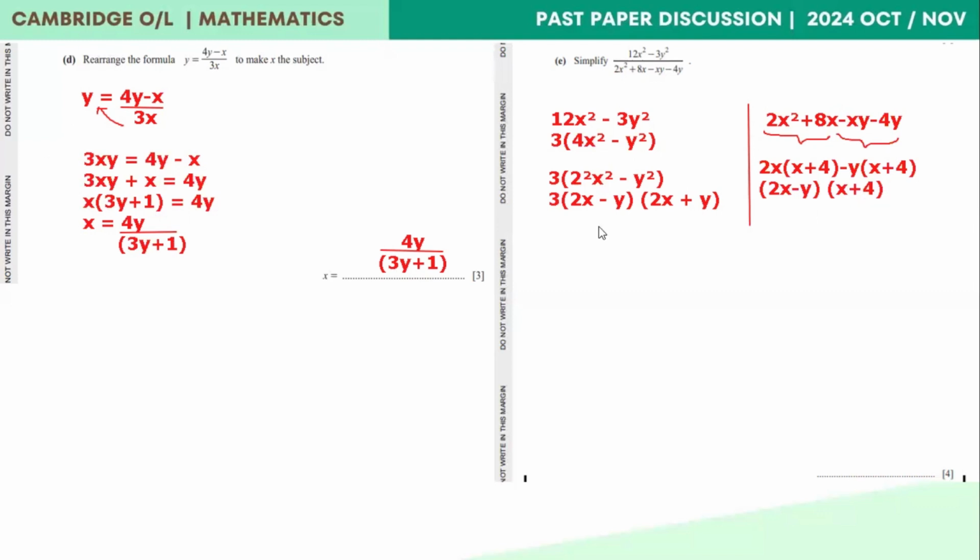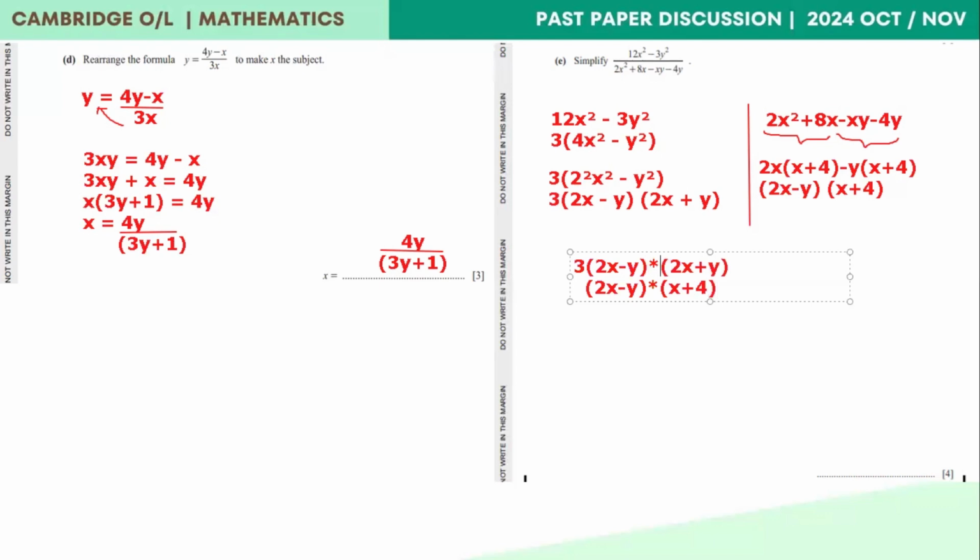So these are the factorizations of the numerator and denominator separately. Now we'll write this as a fraction. Firstly our numerator, 3 times 2x minus y into 2x plus y, divided by 2x minus y into x plus 4.